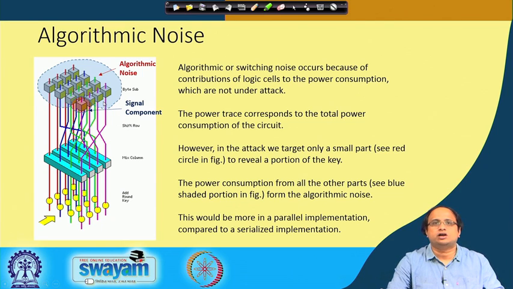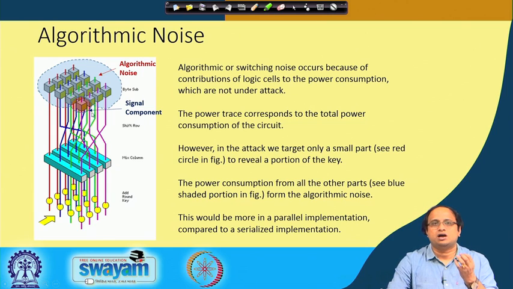Here the algorithmic noise, or the switching noise, occurs because of the contribution of logic cells to the power consumption which are not under attack. The power trace corresponds to the total power consumption of the circuit. So, although you are targeting a specific portion of your state, at the same time the other logic cells are also toggling and consuming power, and therefore the power consumption has both these components.